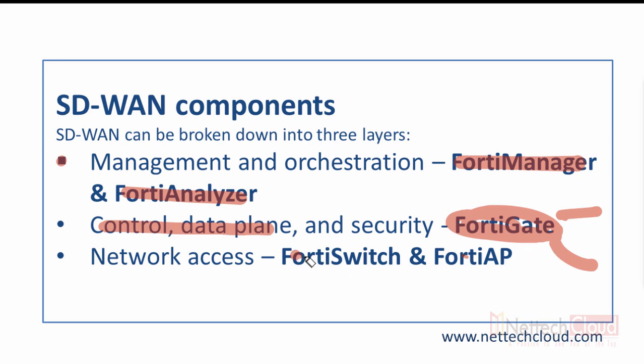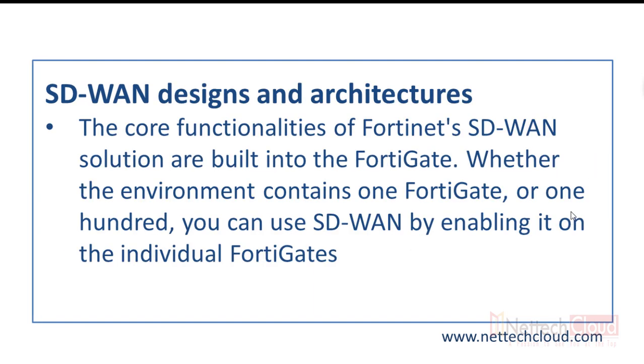For network access, if there are 40 switches and 40 access points, of course that is the best option, because we can manage switches and access points also, but it is not necessary to have 40 switches and 40 APs, okay? The core functionalities of the Fortinet SD-WAN solution are built into FortiGate. Whether the environment contains one FortiGate or 100, you can use SD-WAN by enabling it on the individual FortiGates, correct?